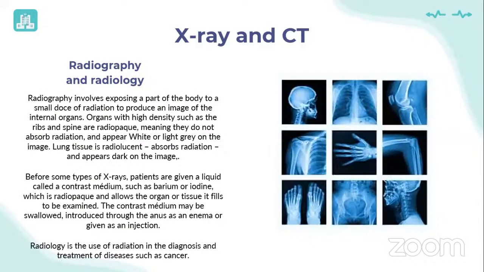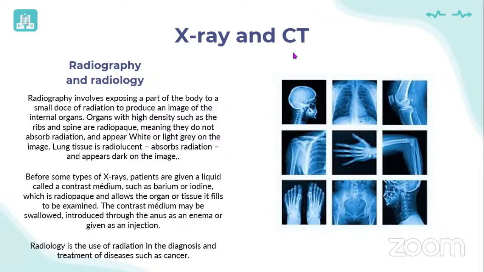Well, we have to talk about X-ray and CT now. For this, Jorge, can you read this part, please? Okay, sure. X-ray and CT. Radiography and radiology. Radiography involves exposing a part of the body to a small dose of radiation to produce an image of the internal organs. Organs with high density, such as the ribs and spine, are radiopaque, meaning they do not absorb radiation and appear white or light gray on the image.